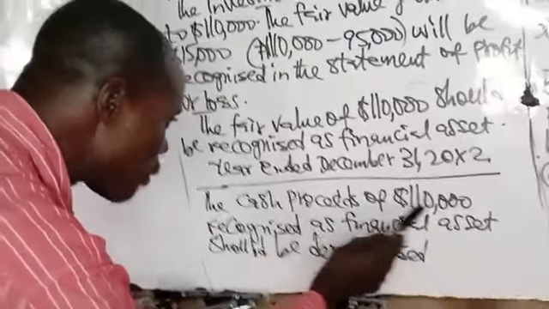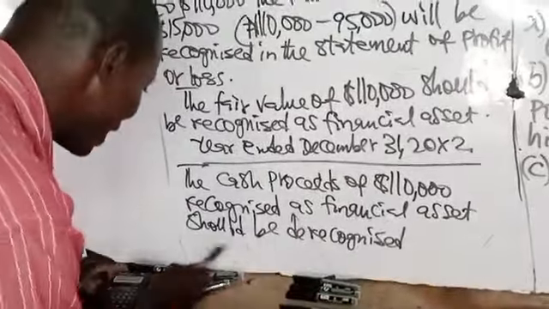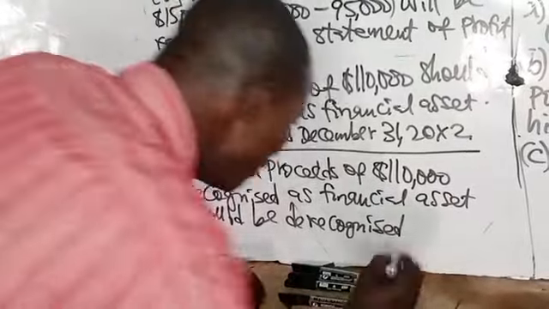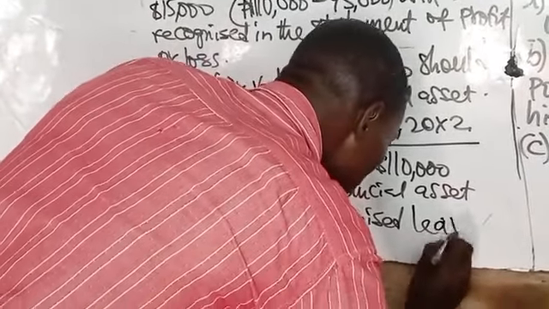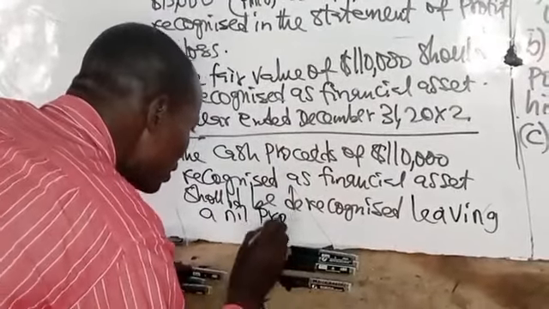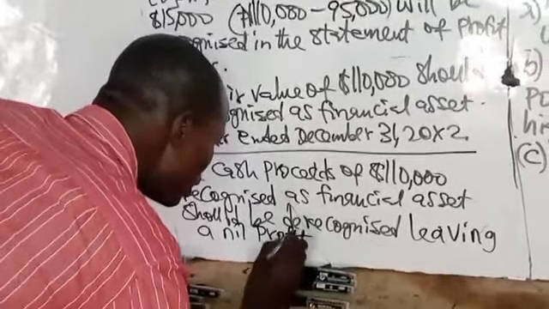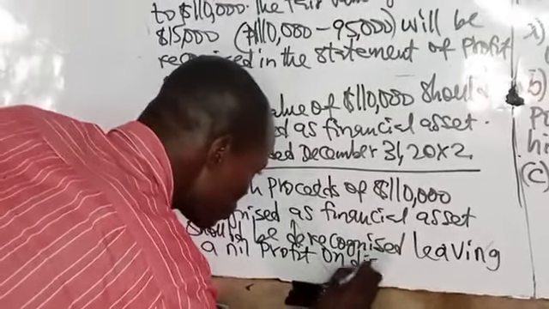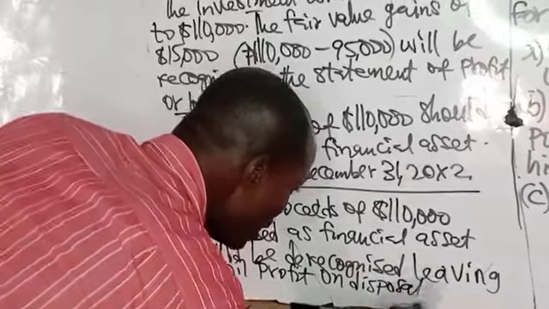The cash proceeds of 110,000 offset the financial asset, leaving a nil profit on disposal.